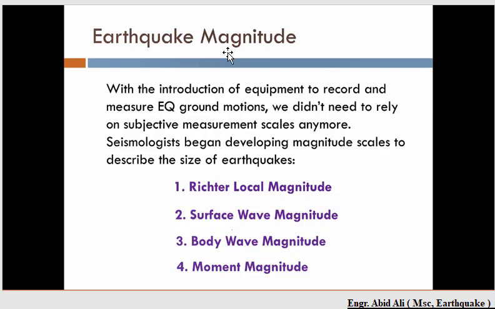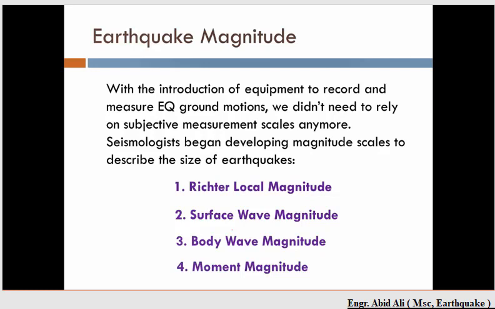With the introduction of recording equipment or instruments that could record earthquakes and measure earthquake ground motions, we didn't need to rely on subjective descriptions of earthquakes as much anymore. Instead, we could measure the energies ourselves and be a lot more objective.